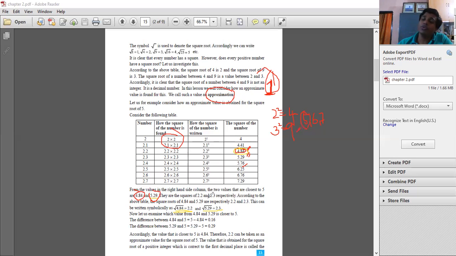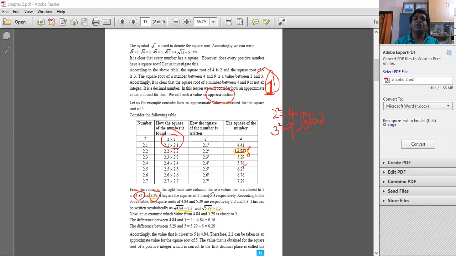What does this mean? 4.84 means the square of 2.2. 5.29 means the square of 2.3. And what we have to find is the square root of 5. So the square root of 5.29 is 2.3, and of 4.84 is 2.2. That means it is now closer to 5.